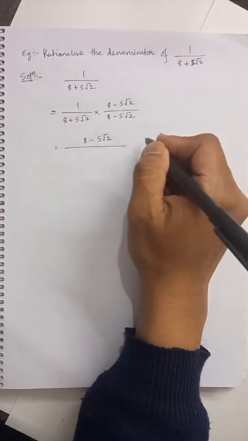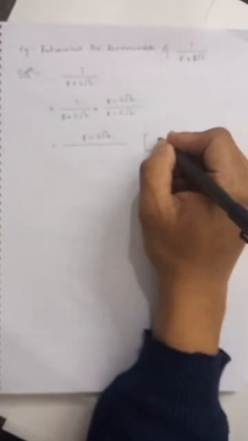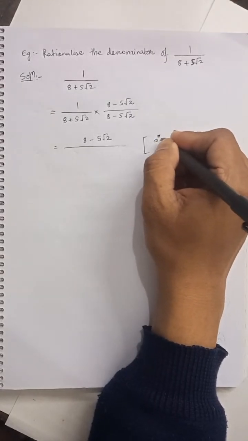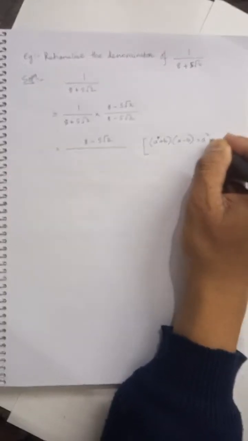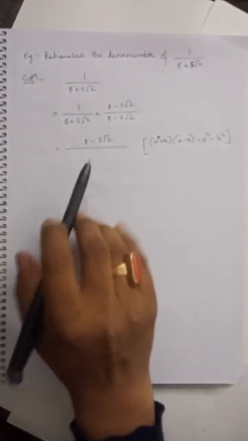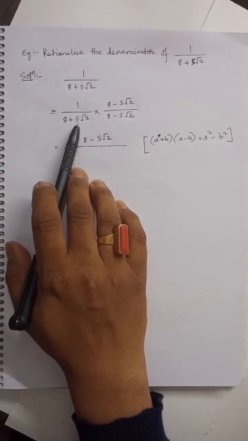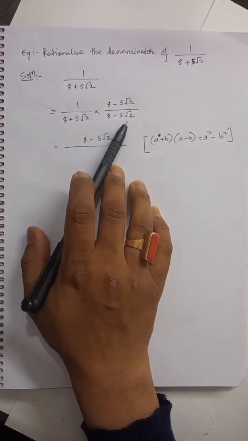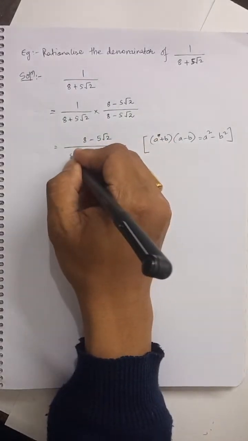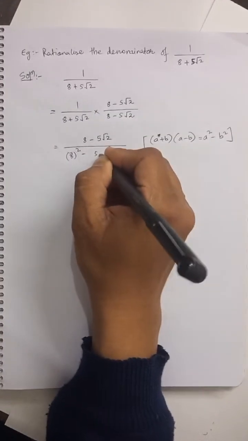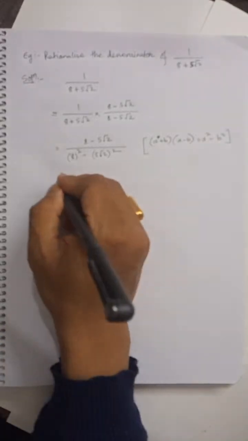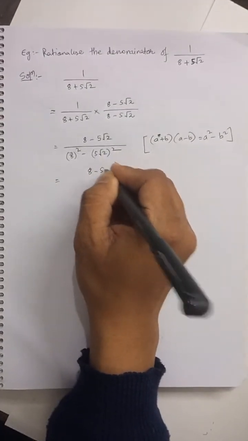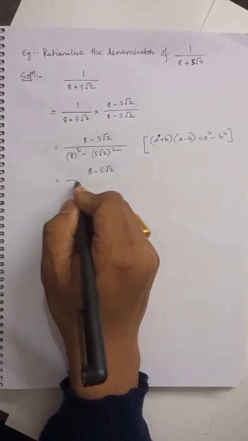And here, just like the previous question, we are going to use the same identity, a plus b into a minus b equals a square minus b square. So see, 8 plus 5 root over 2 and 8 minus 5 root over 2. So we'll have 8 whole square minus 5 root over 2 whole square. The numerator will be exactly what it is.